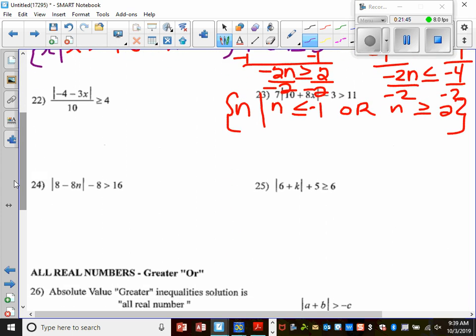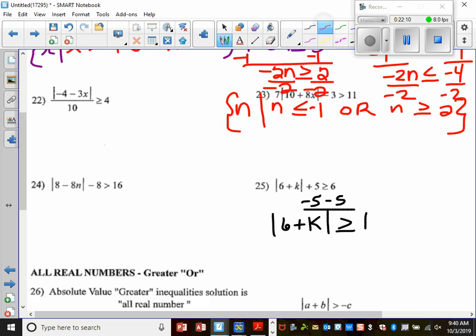All right, let's do number 25. Okay, we're almost done. So we're going to subtract 5 from both sides. And I end up with the absolute value of 6 plus k is greater than or equal to 1.